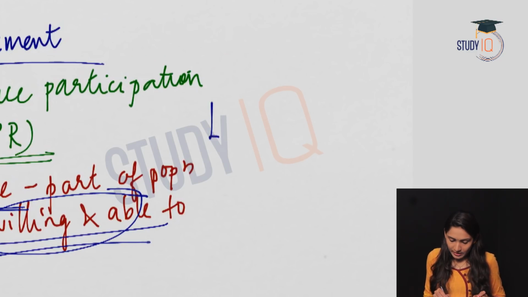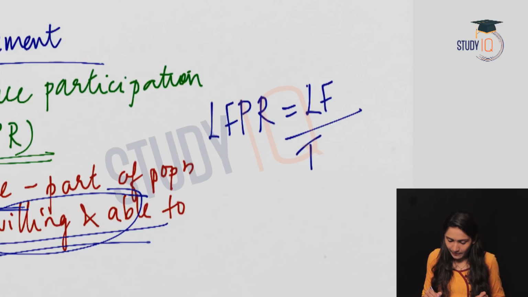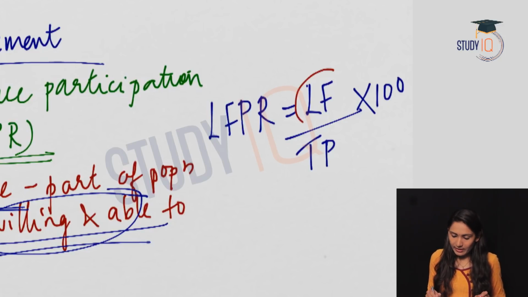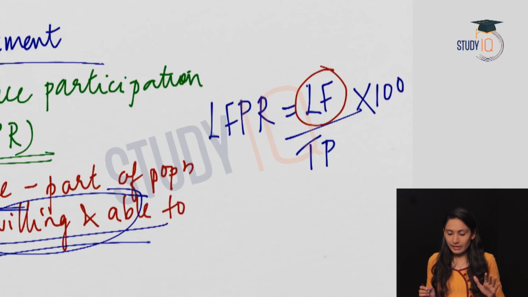The labor force participation rate, LFPR, is equal to the labor force divided by the total population, into 100. Here the labor force is the part of the population which is able to work and also willing to work.